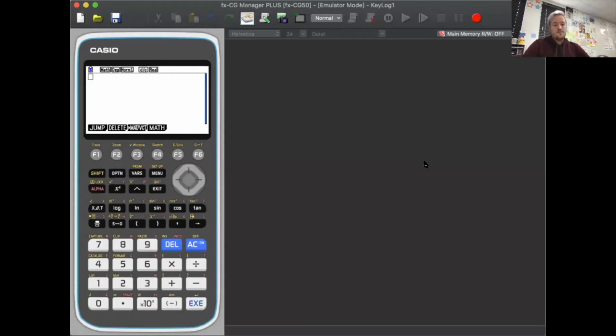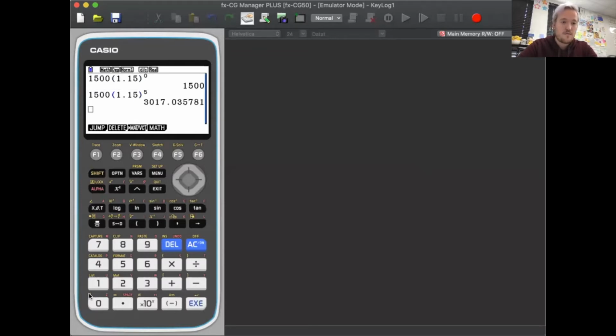Okay, so if you want to do it by hand on Run Matrix, you can. You can do 1,500 times 1.15, and then you can raise it to each value. So to the 0 power, that's what you get. If I do the 5th power, there's your next value.